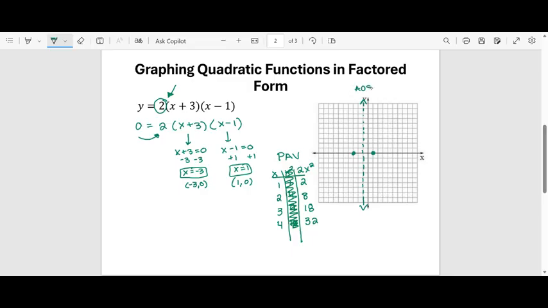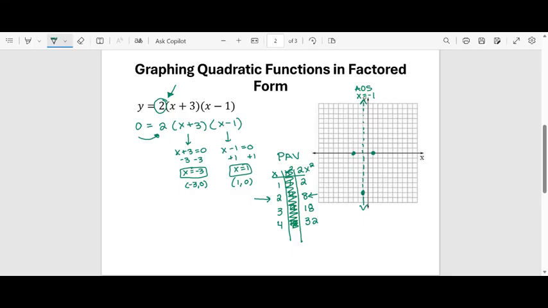My axis of symmetry here is again going to be x equals -1. Since I am 2 squares away from the center, that means from my vertex, I must have gone up 8 squares to get to those points. So what I'll do is I'll go in 2 squares, down 8 squares to draw my vertex.